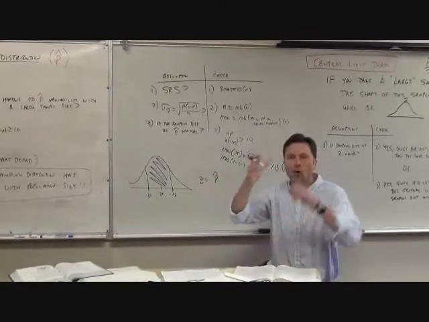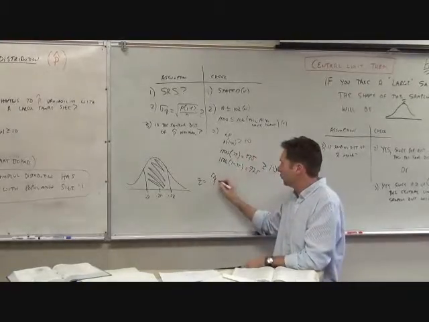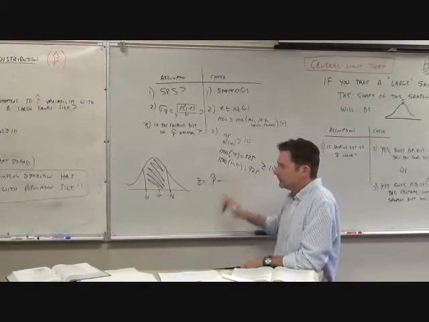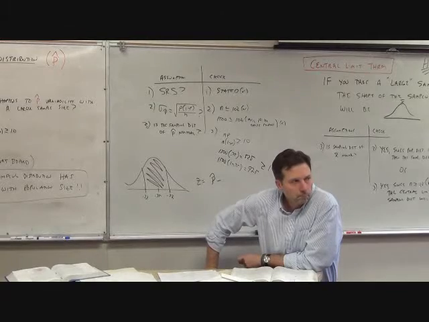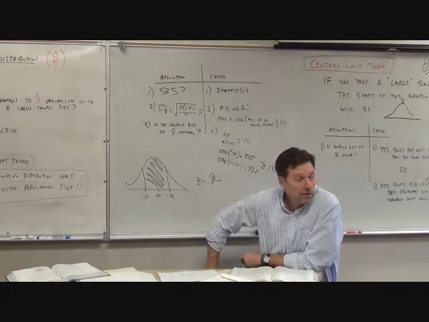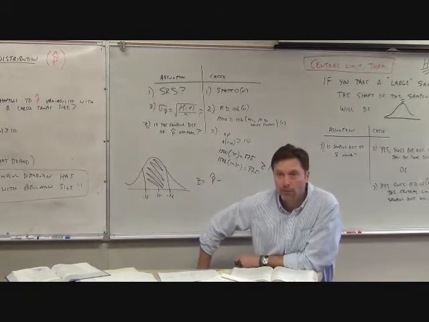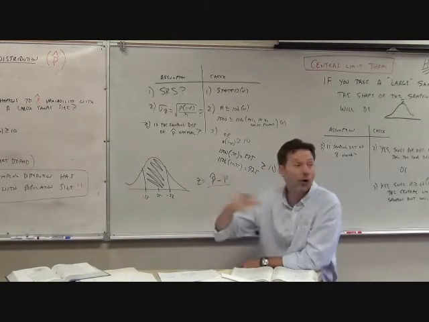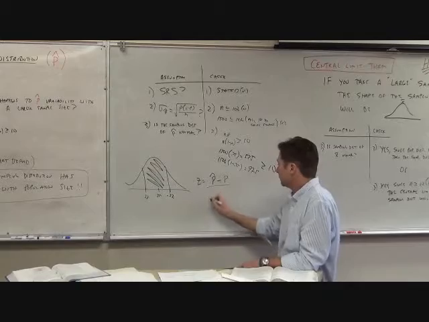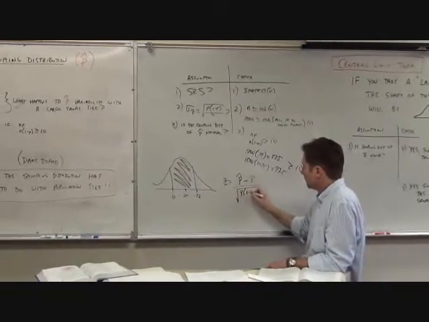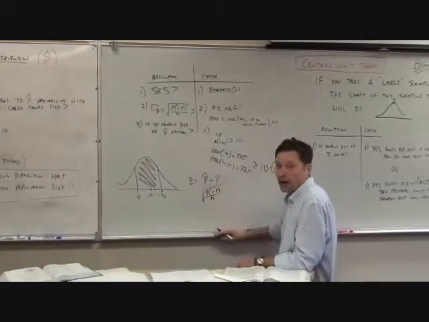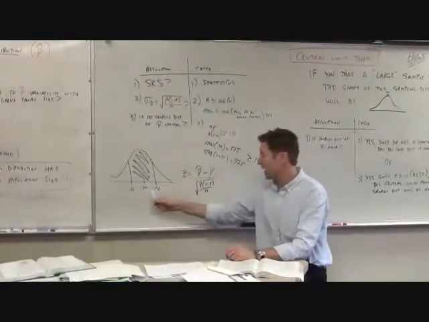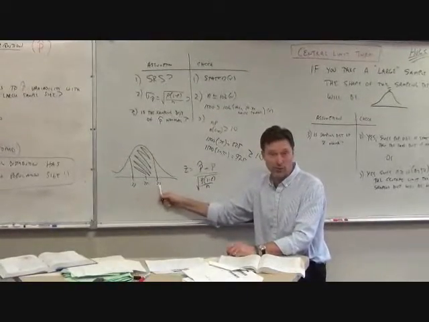We're in the world of p-hats, so p-hat minus the mean. It's big P, right? The population parameter. How many standard deviations is this away? Big P. And now over the square root of p times 1 minus p over n. Very good. That's our new formula. We want to figure out how many standard deviations away this 2 percentage points is.